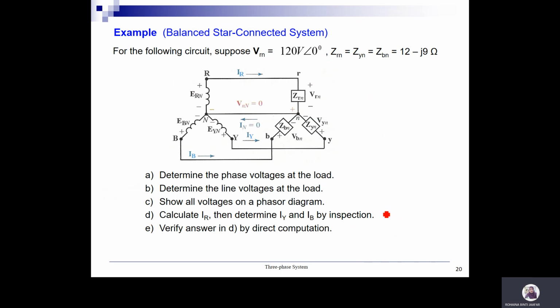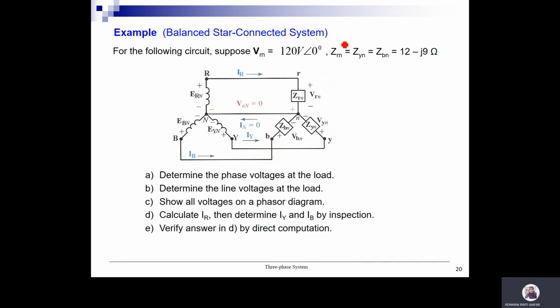Let's try this example. You have a balanced star connected system. How do you identify whether the system is balanced or not? You can see that the load is the same for all three phases: the impedance Z at the red phase, yellow phase, and blue phase is equal, so the system is balanced.